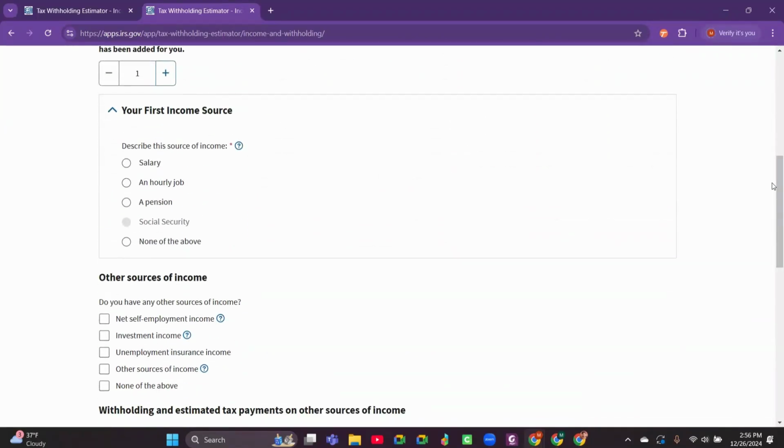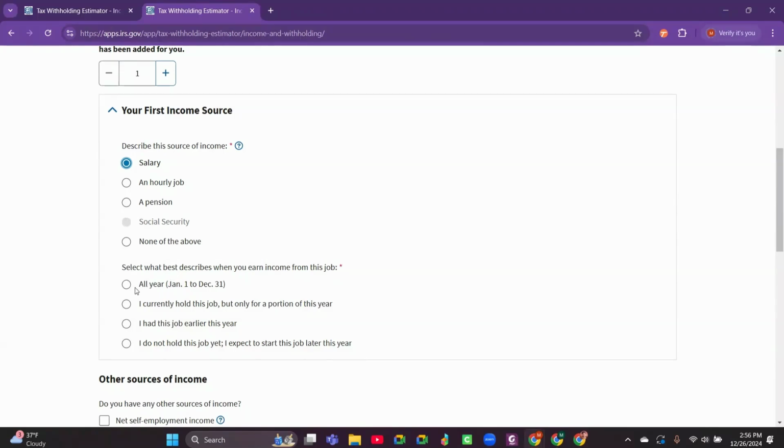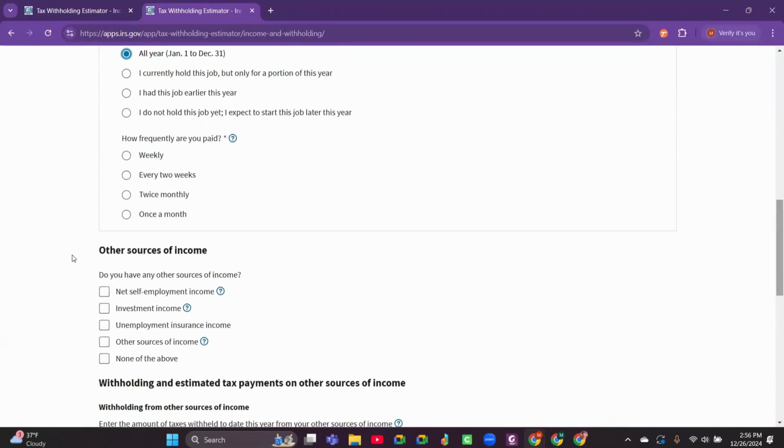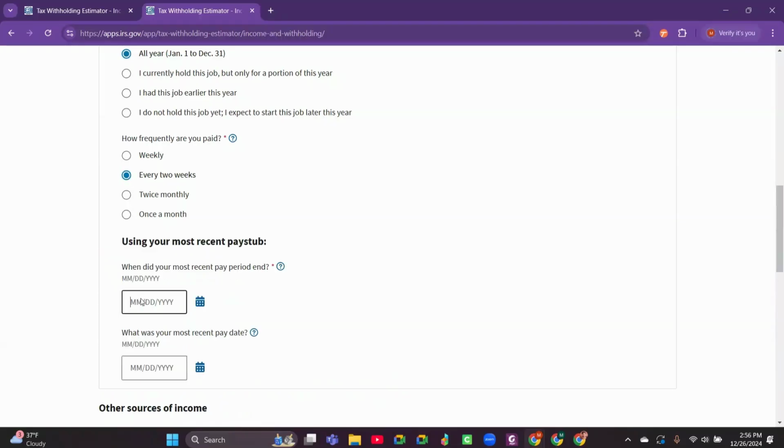They have one job, a salary job, and they've had the same job all year. We're saying they get paid every 2 weeks, and their last pay period ended 2024, and they got paid 12/20/2024.